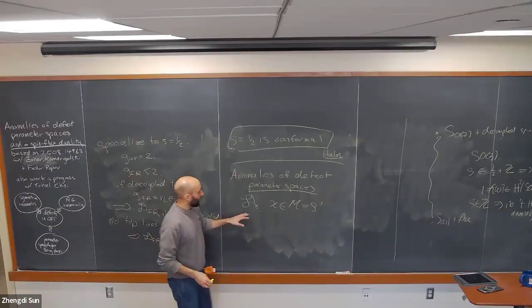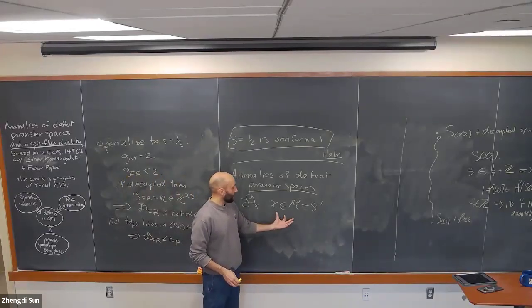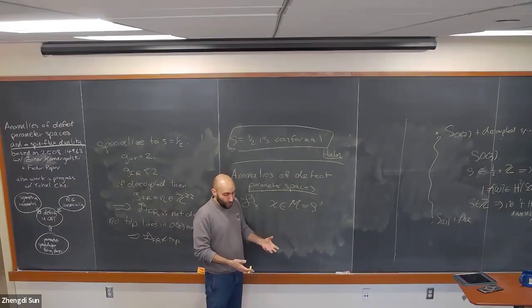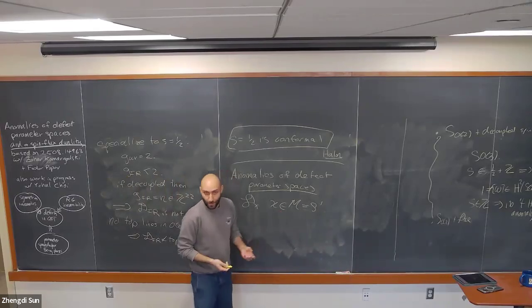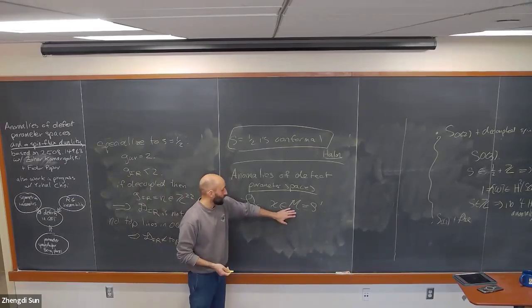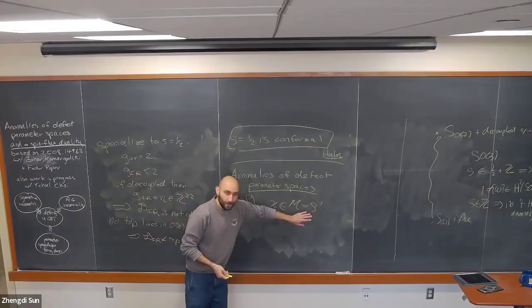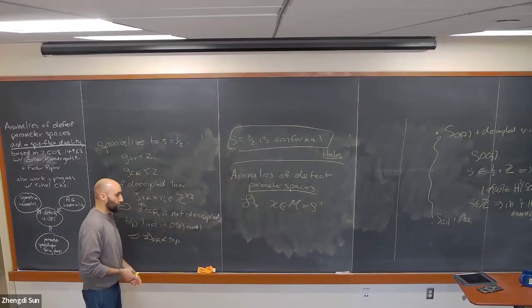The kind of anomaly that I'm going to tell you about, when computed for a general parameter space, amounts to computing it for all the one-cycles of the parameter space. So you can reduce the computation of the anomaly in the most general case to the case of S1.